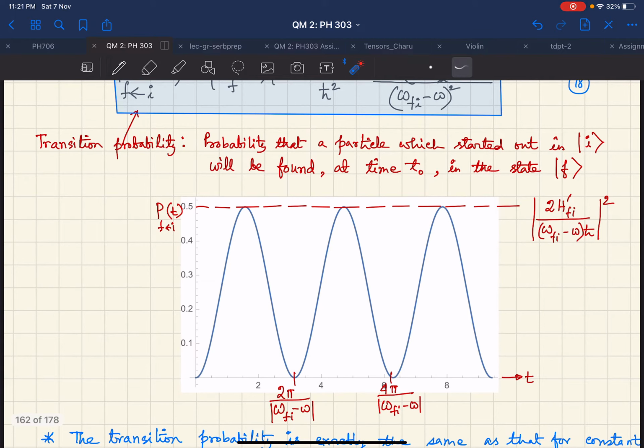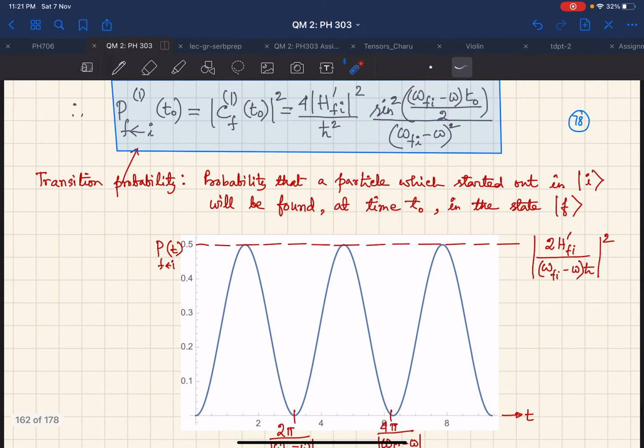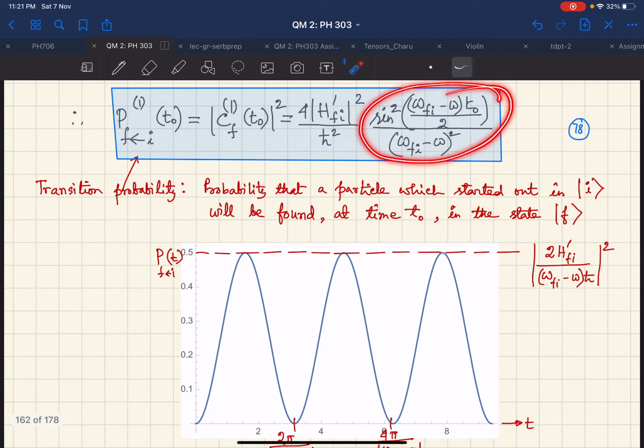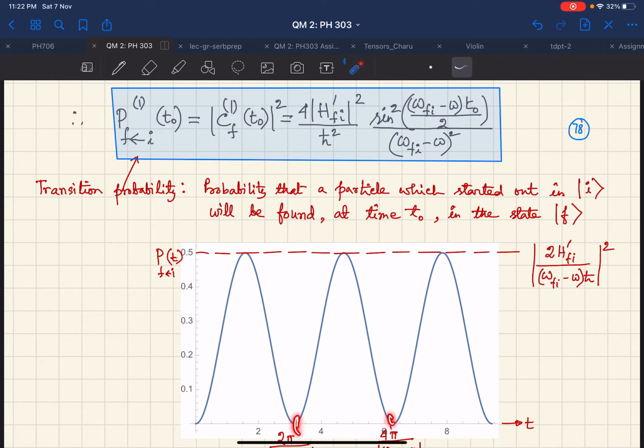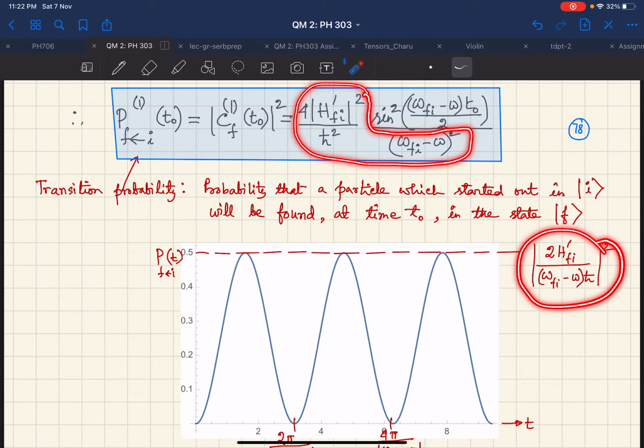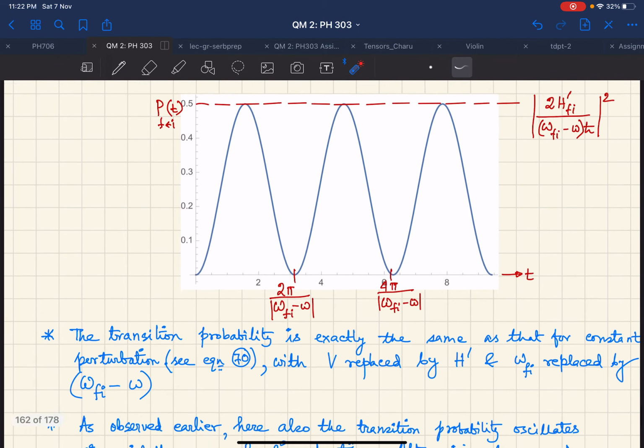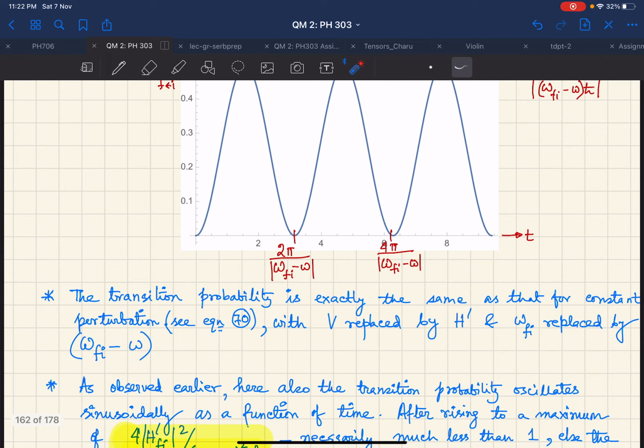So if you look at this plot, you immediately know that this is the oscillatory behavior which you are looking at here in this plot. All this thing actually reaches 0, and looking at this expression, the amplitude is being given by this quantity which is written here. So this is the maximum value that this oscillatory function can reach, and the transition probability is exactly the same, as I already have mentioned, as that for the constant perturbation.